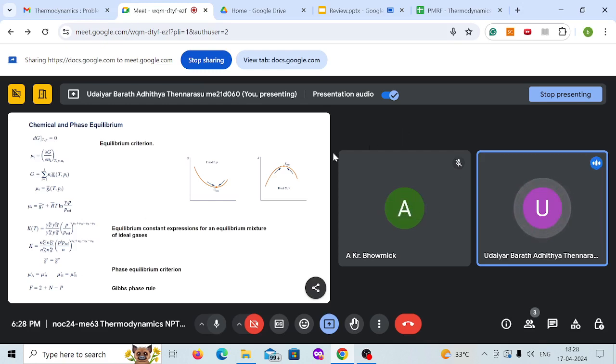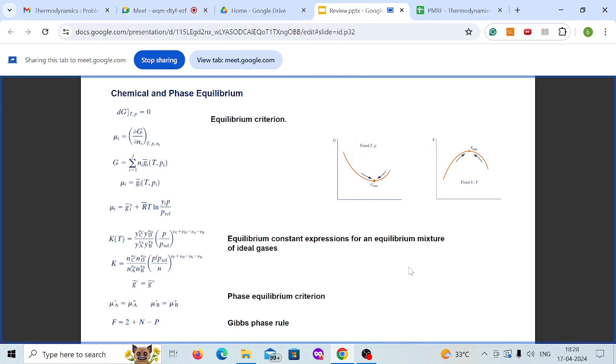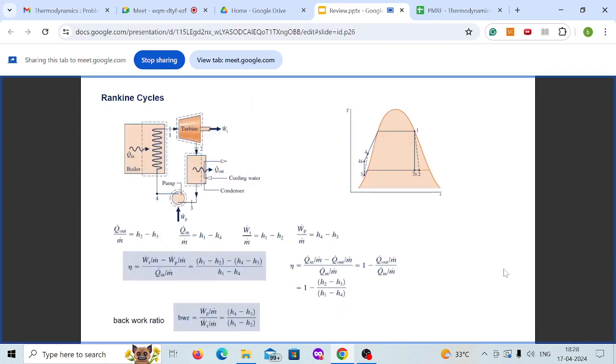If you have any doubts, you can ask. I think I've covered what was covered in the 12 weeks. I'll try to cover most of it, I guess.